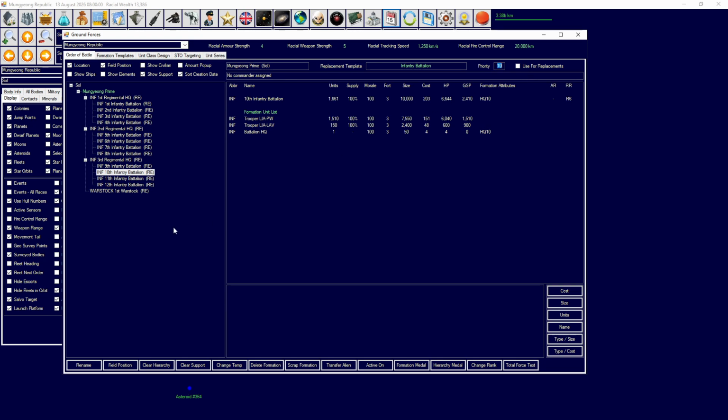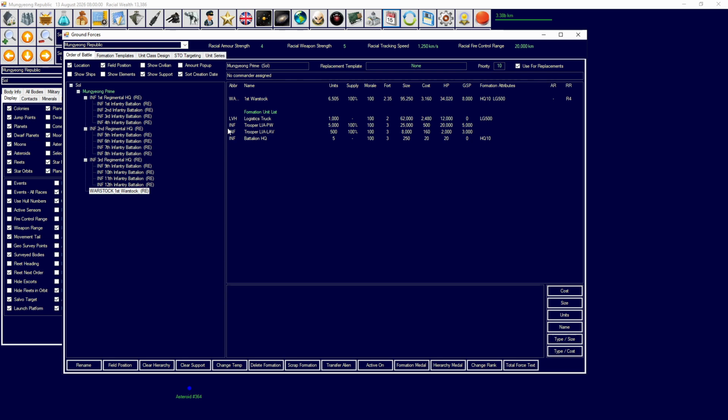Then you have useful replacements. In this case, we're going to toggle useful replacements for this formation. And what this means is that the Warstock, in this case, will be used for replacements by all the other formations. But for the formations to understand that it's going to be used for that, we need to go over and do what unit series is.